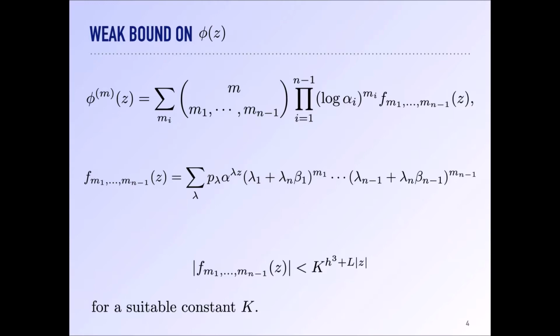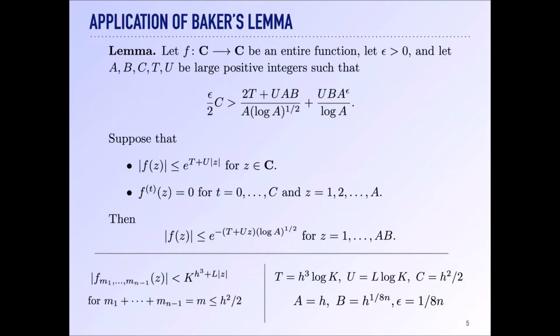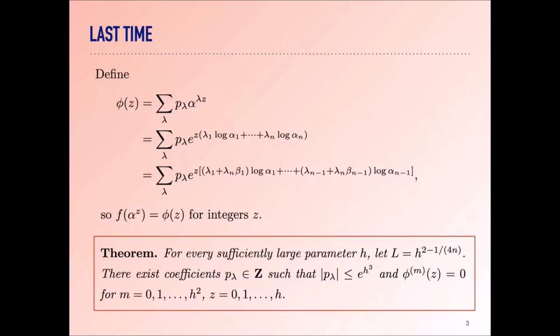So when we calculate the nth derivative of phi, we want to separate something that's purely algebraic from stuff that is not necessarily algebraic, like these logarithms of the alphas. Let me go back to the definition of phi for a moment.